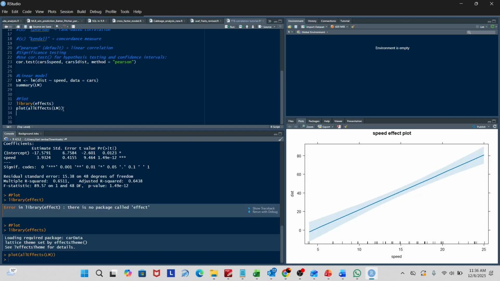So we have a basic visualization of the result. So speed is a good predictor of distance. Speed strongly influences distance. The distance taken after you stop is more influenced by how much the car is speeding.